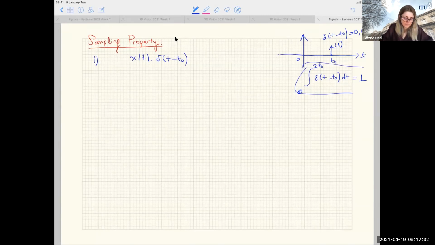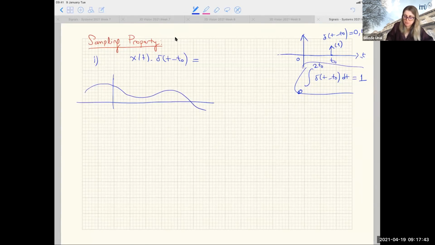So this guy really samples from the signal. Let's see, for instance, just draw a continuous time signal here. For instance, x of t, go to t0. For instance, this is t0. Now my delta here is, remember, an instantaneously on and off signal. So it really samples the value of x of t0 at this point.